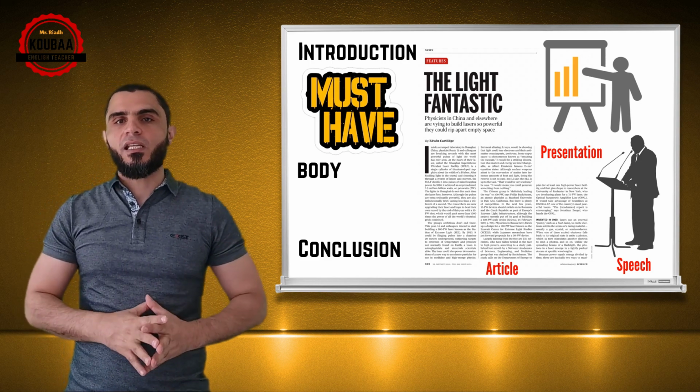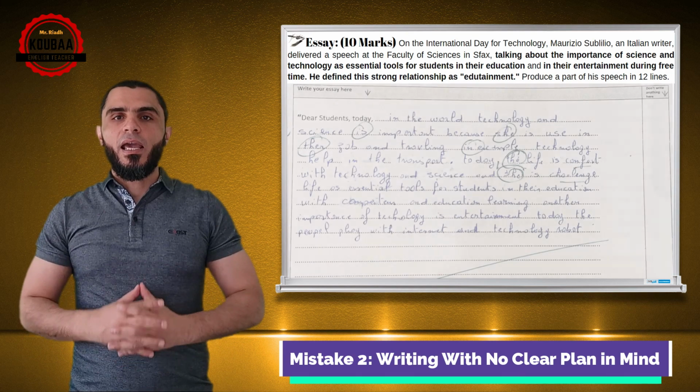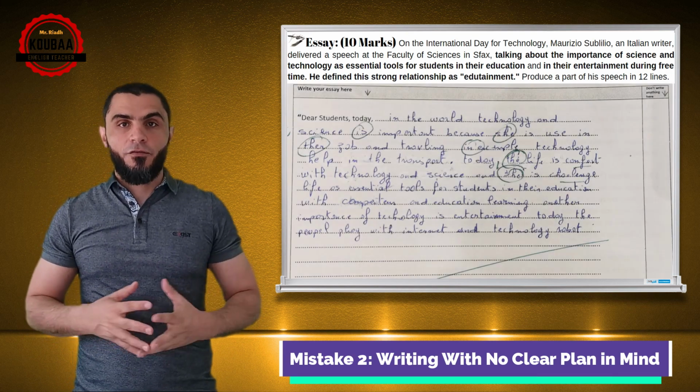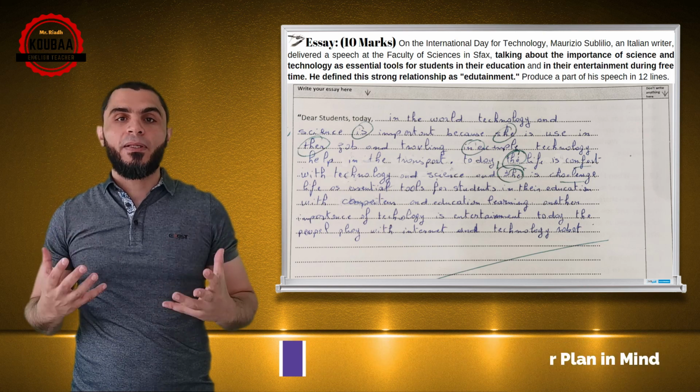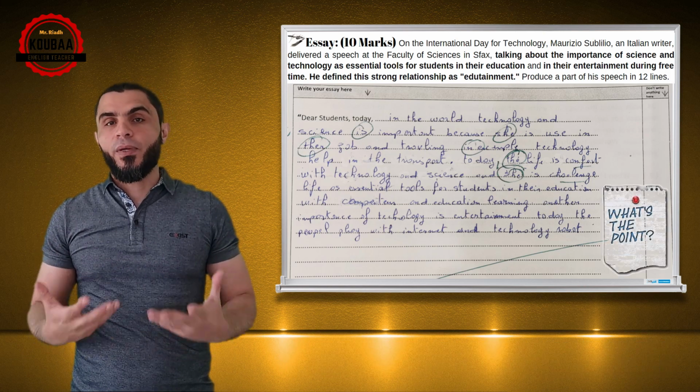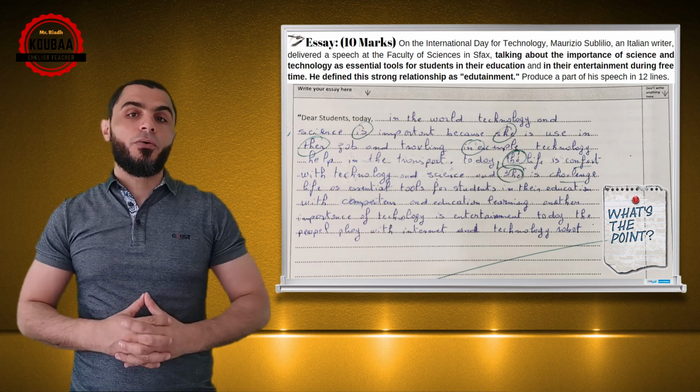Let's move on now to mistake number 2, no clear plan. In this part of writing, the free writing section, some students write with no plan in mind. When you read the essay over and over again, we can find concrete sentences.